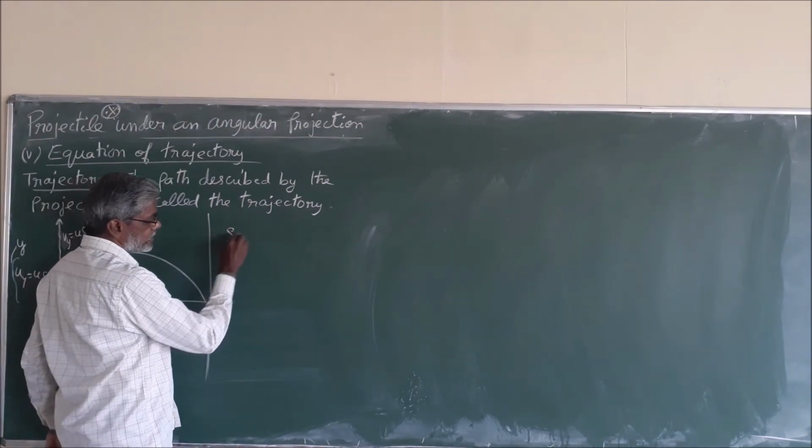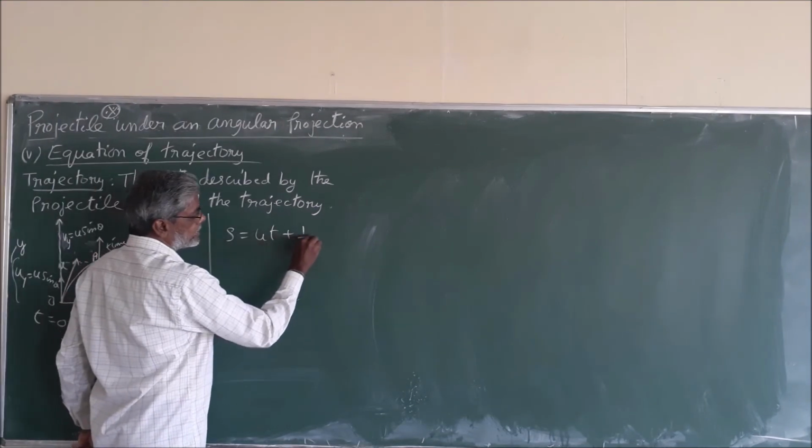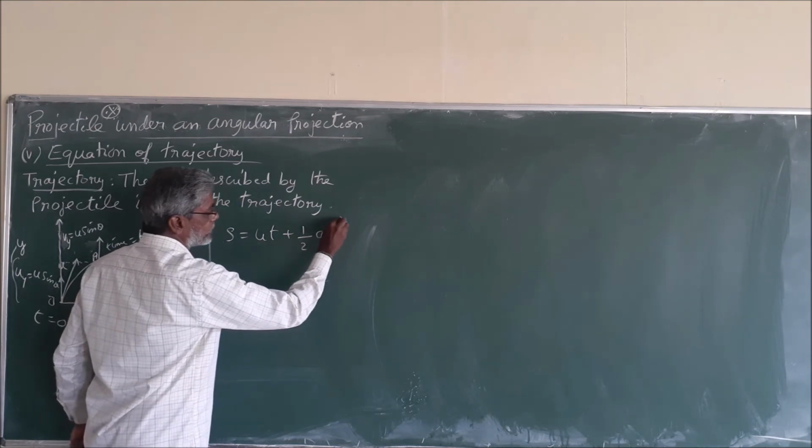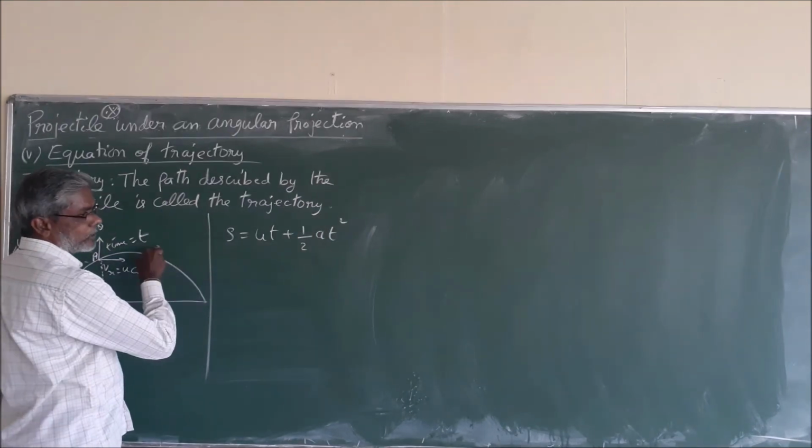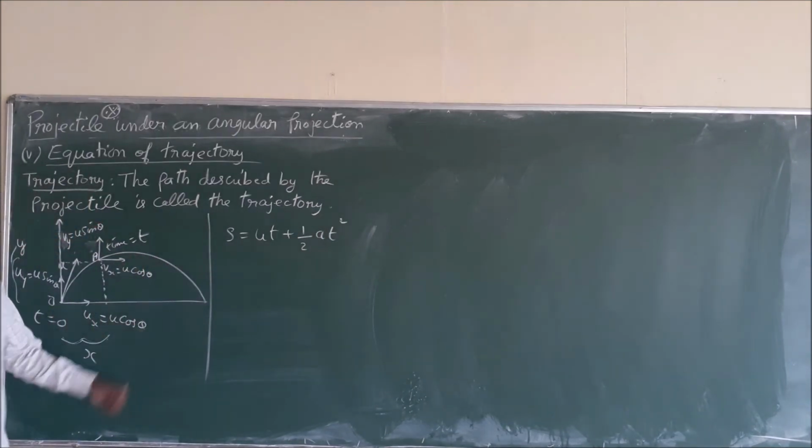Now I want to find out the path. So s is equal to ut plus half a t square. Now I am going for the horizontal one.